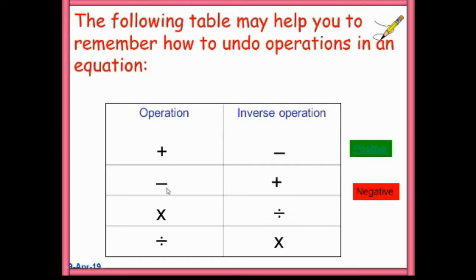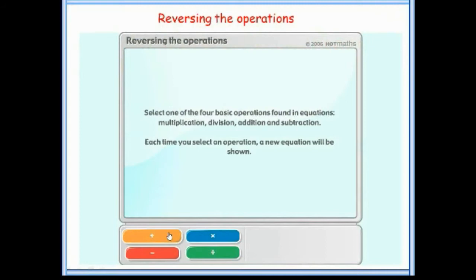If you need to get rid of minus 2, you have to use plus 2 on both sides. If you need to get rid of times by 2, you have to use divided by 2 on both sides. And if you need to get rid of divided by 2, you have to use times by 2 on both sides to solve the equation.